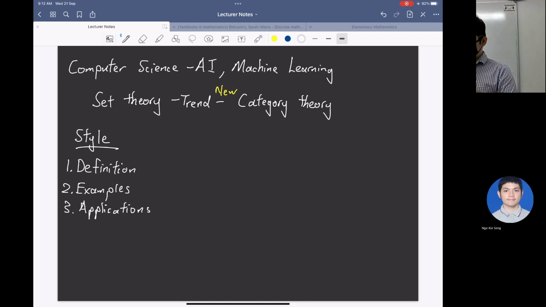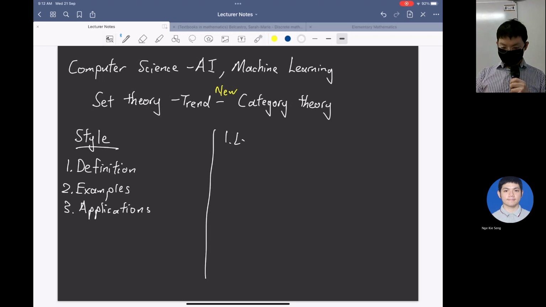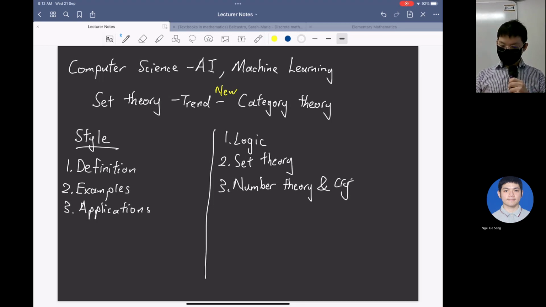Basically in this course, we have logic, set theory, number theory, and a bit of cryptography, not cryptocurrency, but cryptocurrency is encrypted using some cryptography method. Four is combinatorics, so how you count.